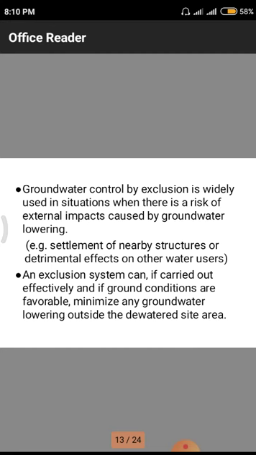Ground conditions are favorable when they give effective conditions. Next thing is to minimize the groundwater lowering outside the dewatered site area. Those things are also very responsible for the lowering of the groundwater content in the dewatered site areas.